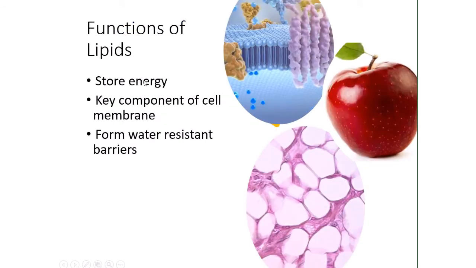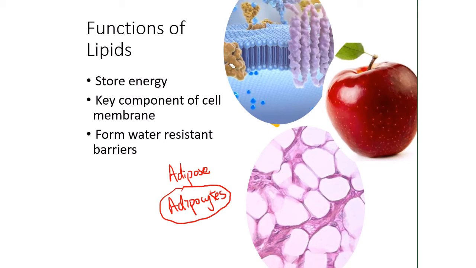In terms of the functions of lipids, you can use lipids as energy storage. Here you can see some fat tissue. We call it adipose tissue. In the adipose tissue, there are these adipocytes, and they are going to store the fat as energy. So if you're running low on glucose, on blood sugar, you are able to metabolize the fat and therefore convert some of it into glucose for use.